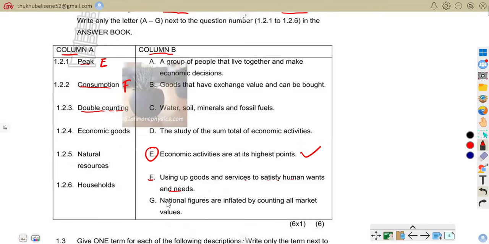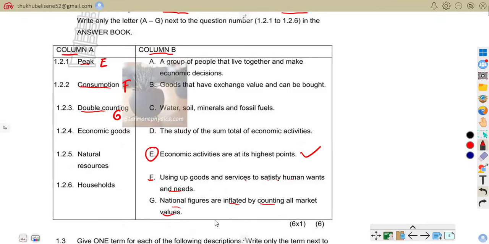Double counting is when national figures are inflated by counting all market values, meaning our correct answer there is G. Double counting refers to counting the same product more than once.